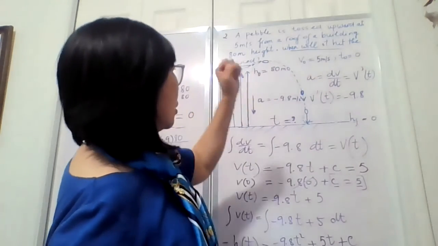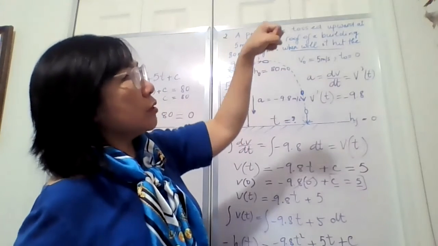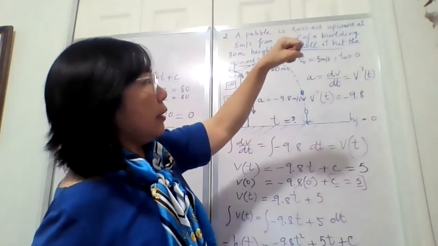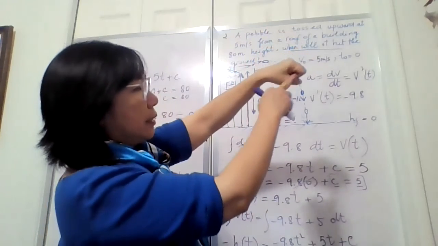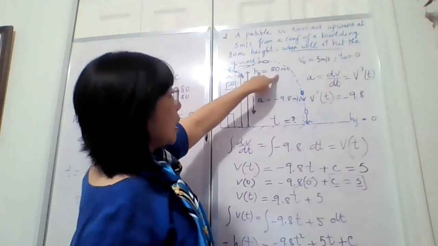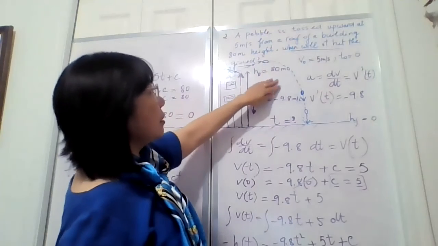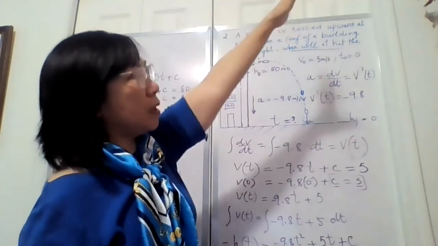Now, in this question, the object was right here at the beginning, and if we assign the positive direction, everything here is positive, because the velocity was throwing the object up as well, right?